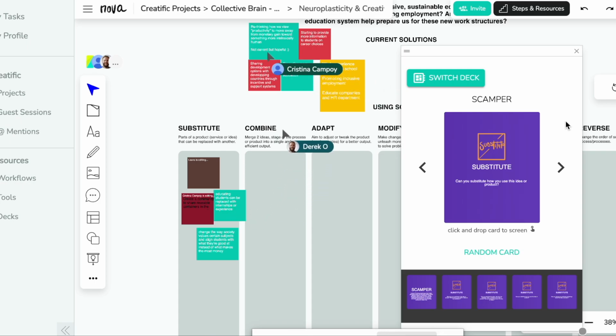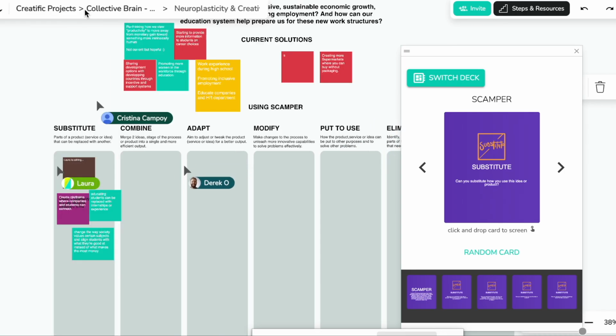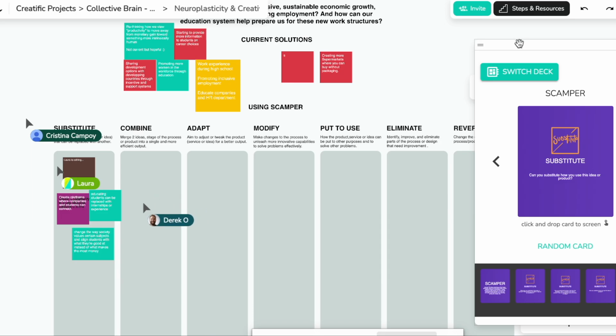The current solution I was kind of going after was starting to provide more information to students on career choices. So a substitute would be sort of what Laura had mentioned about giving internships and more job experience in high school and different career paths to be able to experience it.